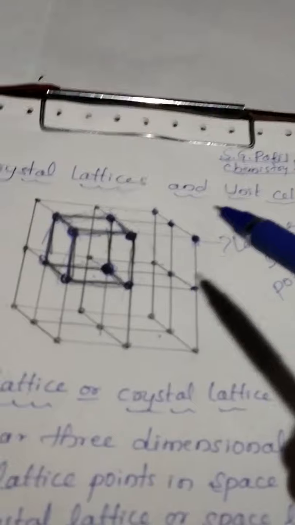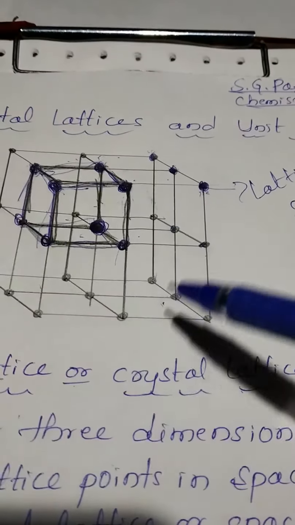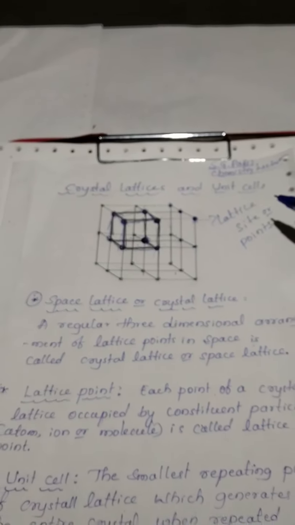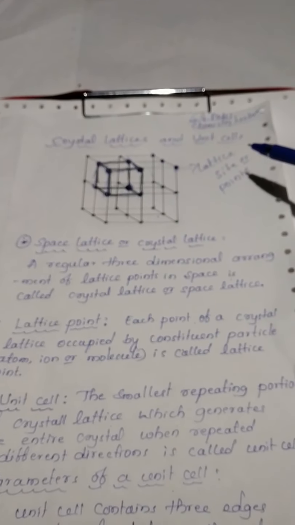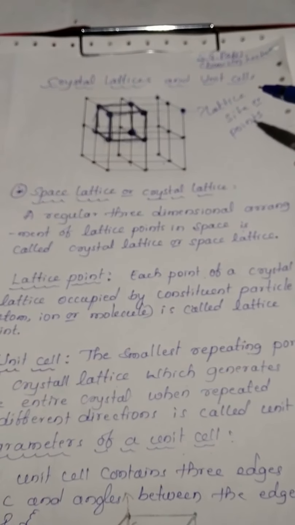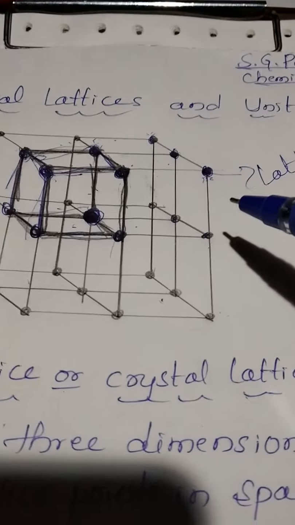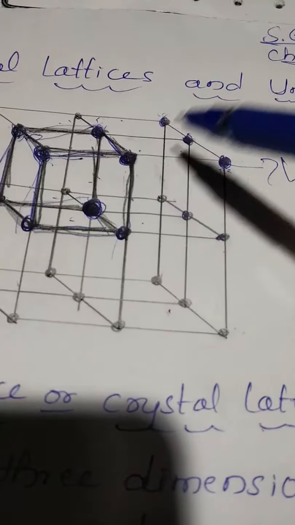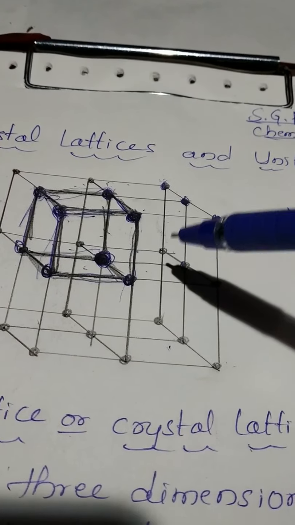Crystal lattice means a regular 3-dimensional arrangement of lattice points in a space is called a crystal lattice or a space lattice.